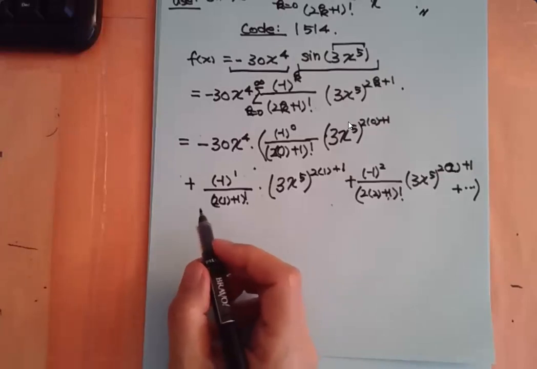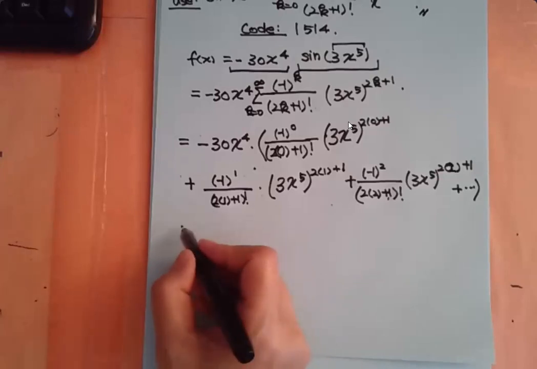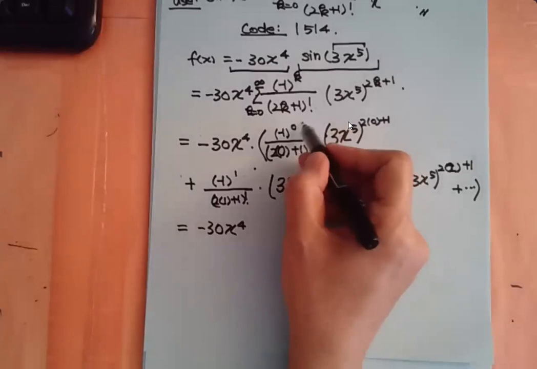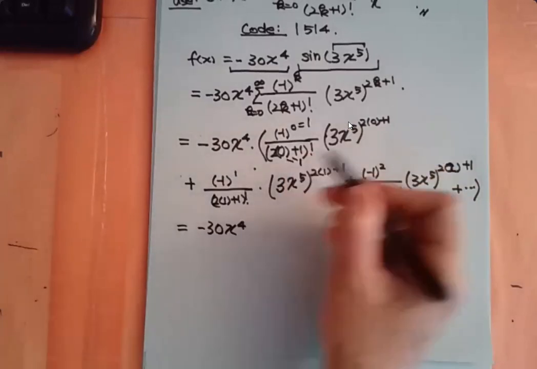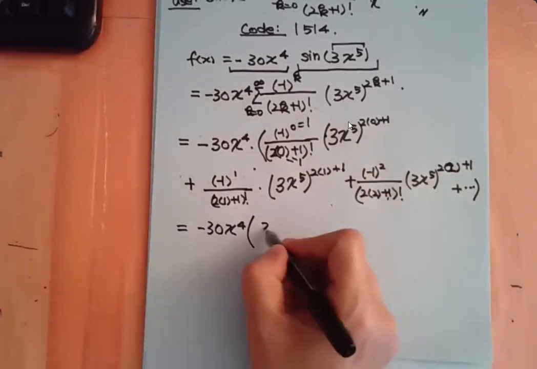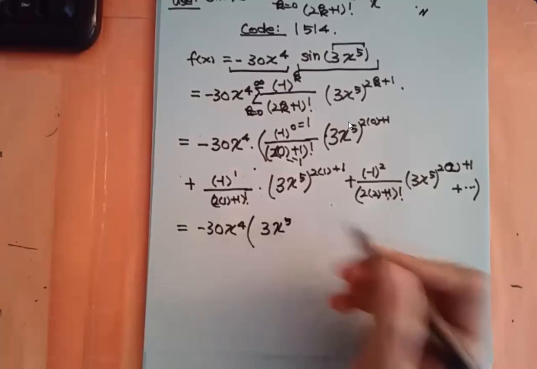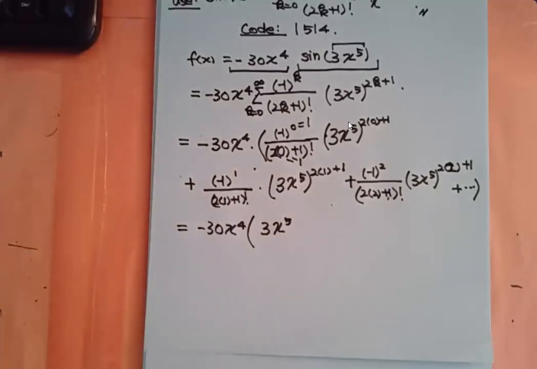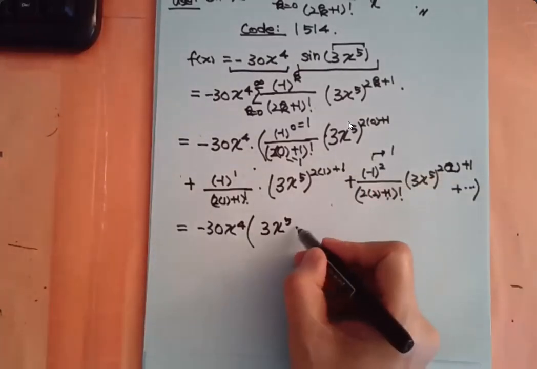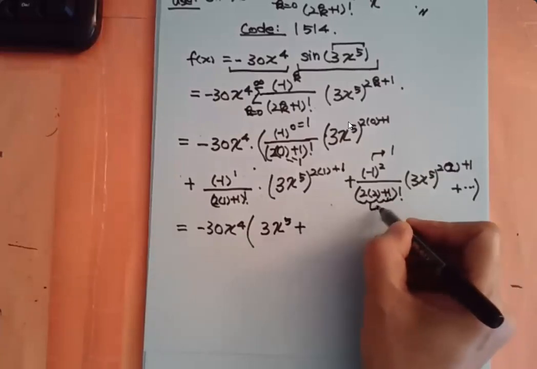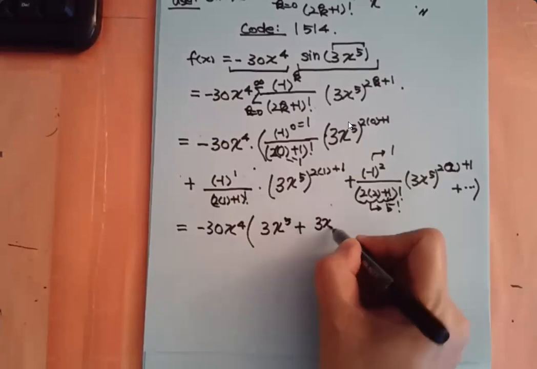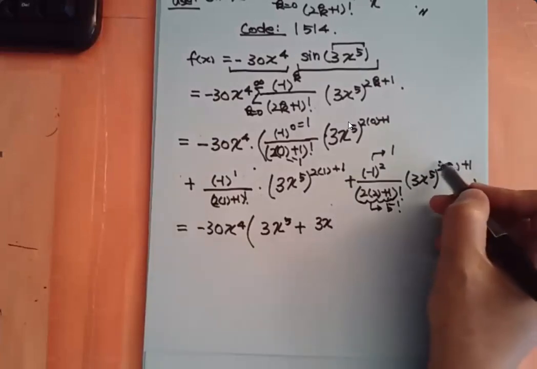So let us see what's going on here. Then it becomes negative 30 x to the fourth power. This will become 1, this one will become 1, and the 1 power. So 3 x to the fifth power. And then this one is 1. So plus this one is 5 factorial. So, and then 3 x to the, what is this? This is 5.